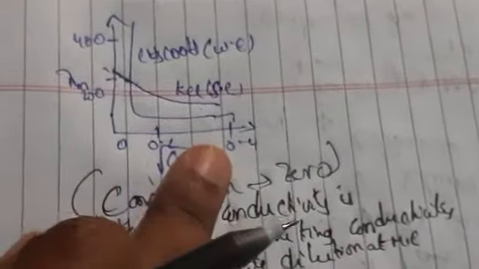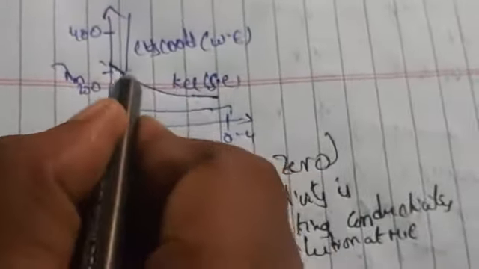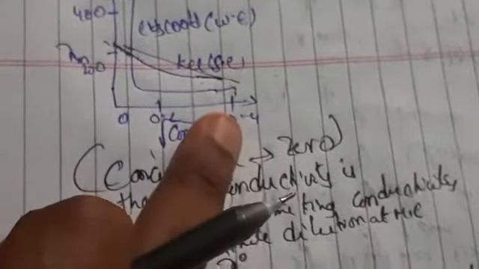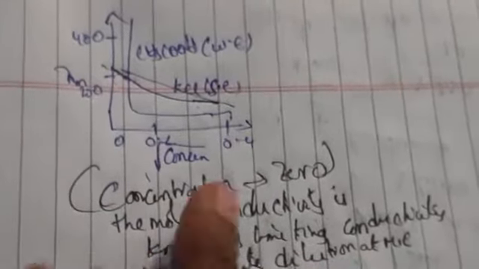If we plot lambda m against root c, we obtain a straight line, where the intercept is lambda naught m and the slope is minus a.